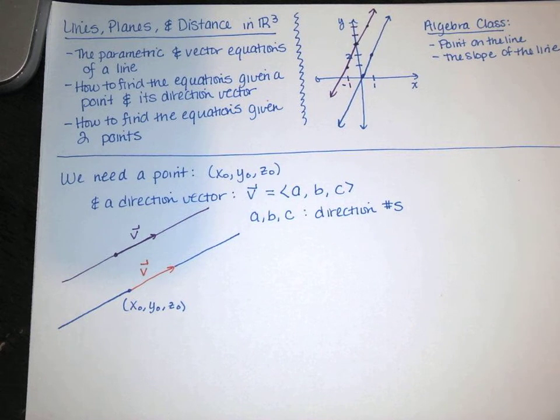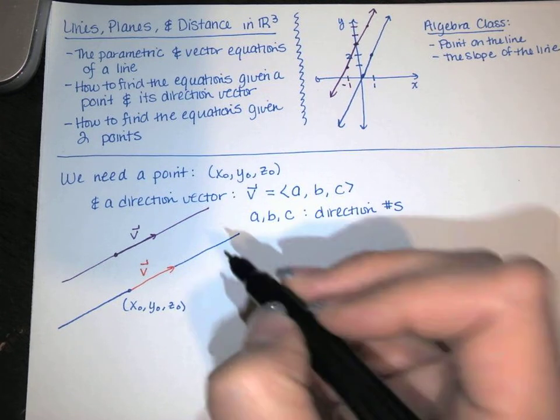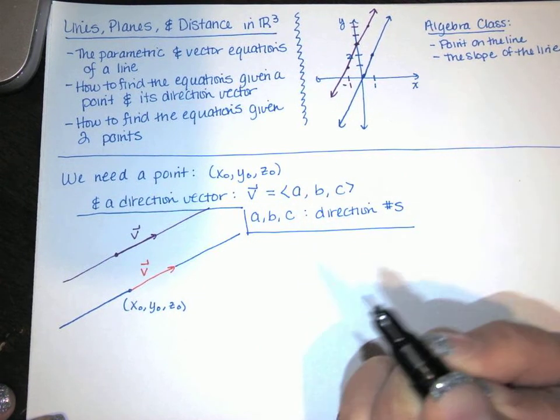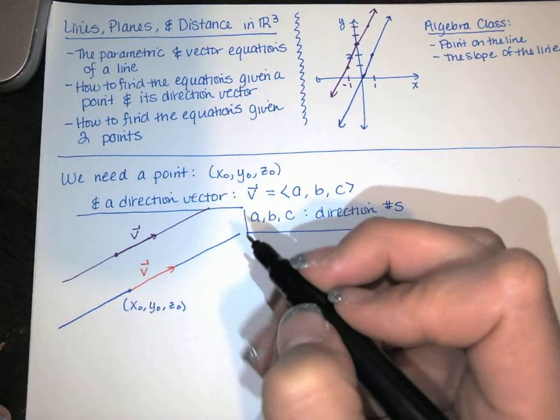So to come up with the parametric equations of the line, or even the vector equation of the line, I'm going to state what we know about the line in a different way.